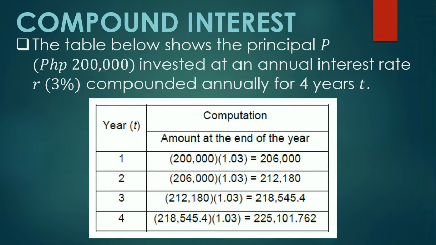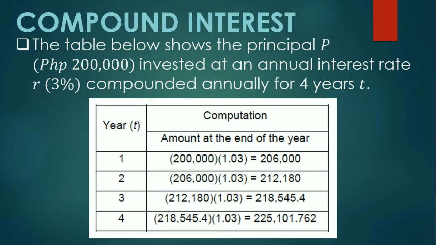Sa unang taon, as you can see, 200,000. Then, minultiply siya kay 1.03. So, definitely yan yung formula ng pagkuha or pag-calculate ng compound interest. That will be discussed later. So, 200,000 times 1.03. At the end of the first year, ang kanyang future value ay 206,000.